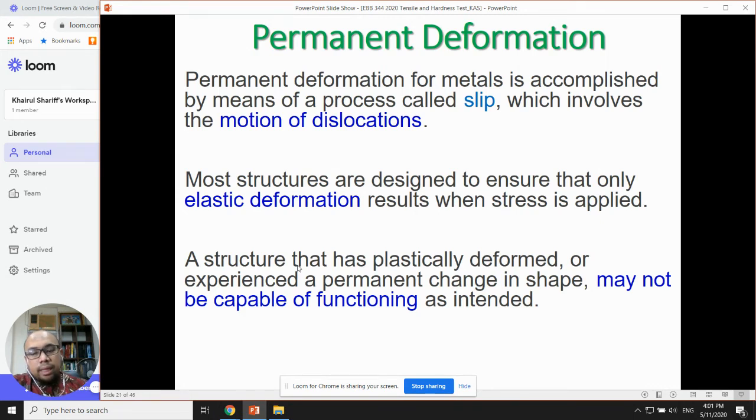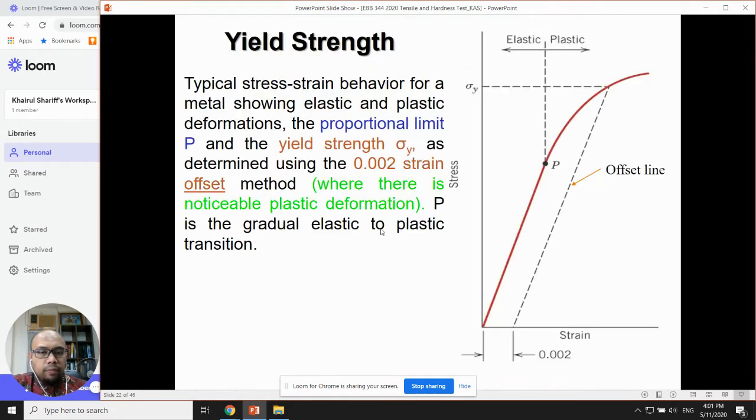Just now is a permanent deformation, a slip motion of the dislocation, which you can read. No problem, because I already explained in the previous video. Now I will explain about the offset. Let's say you don't know the yield strength value for that particular material. What you can do is directly do the test using the UTM machine, the universal testing machine.